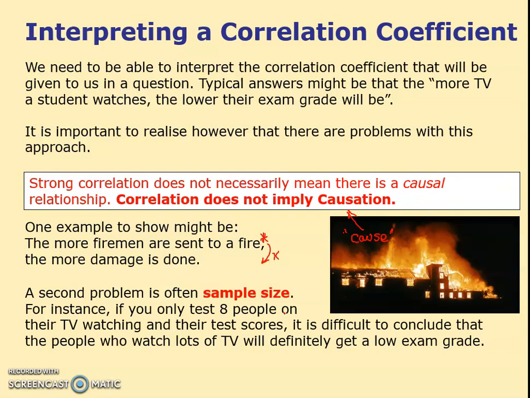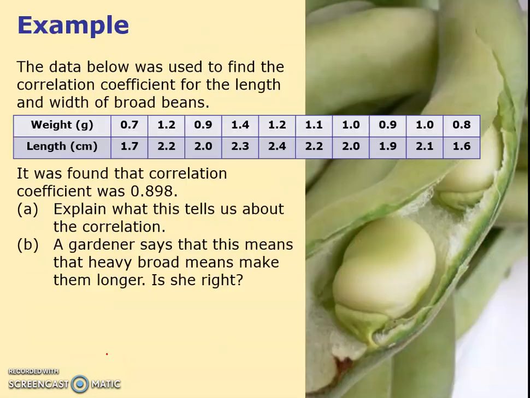It might be true, it might not be true, but you've only tested 8 people, so don't suppose for a moment that your sample's good enough. So that's 2 possible problems regarding correlation and interpreting your answers. Both of them are potential questions in your exam.